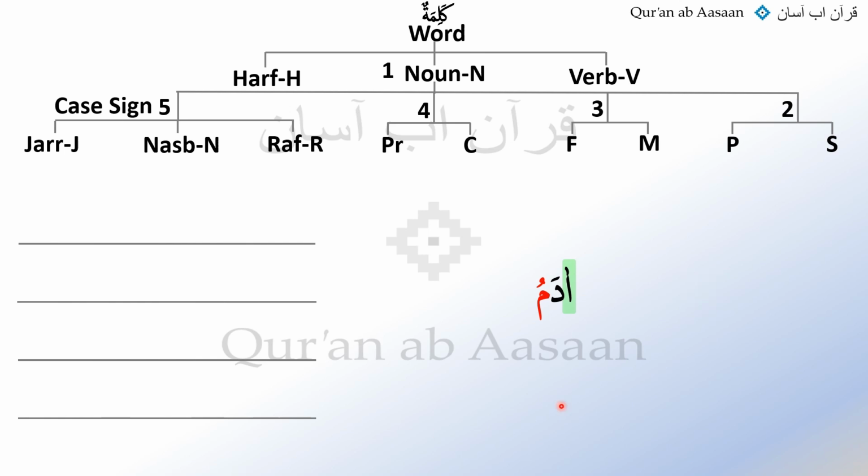What is this type of noun? We did that last time. It's a Maryam type noun. And the case signs we learned are Maryamu, Maryama, and what for jar? Maryami? No, right? Maryama. Good. Maryamu, Maryama, Maryama. So Adamu would be Adamu in rough, and for Nasb and Jar it would be Adama, Adama.